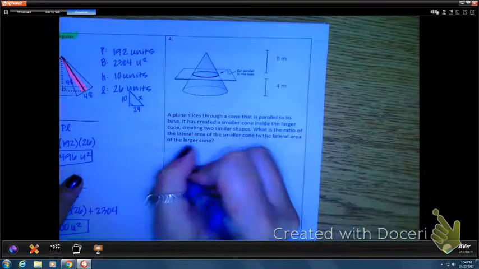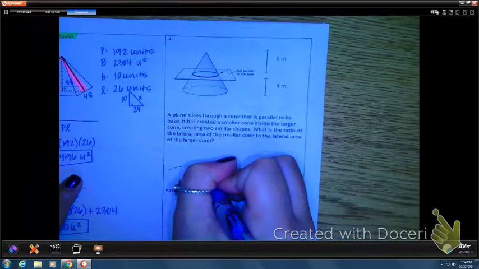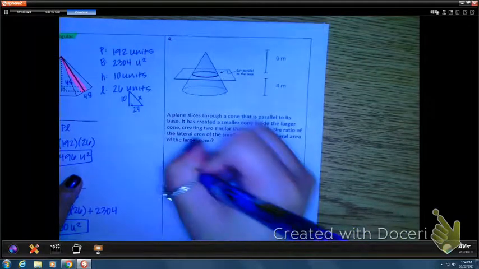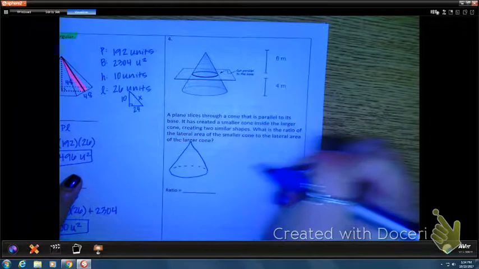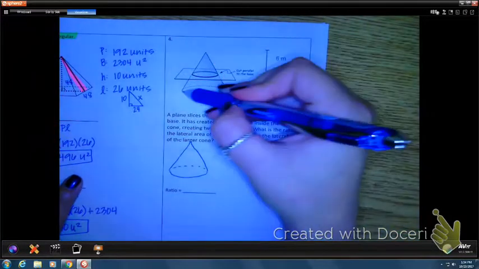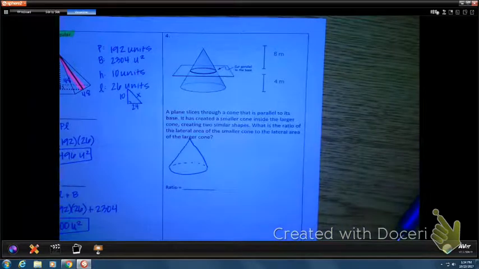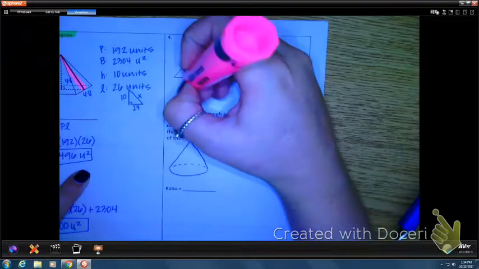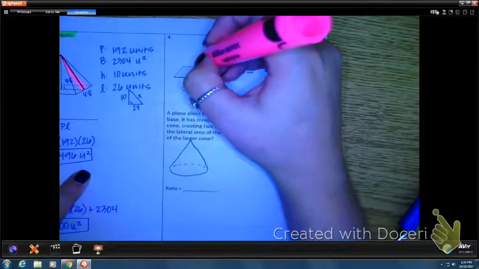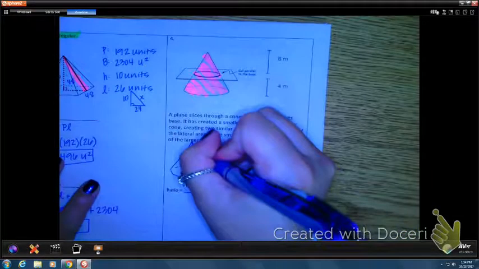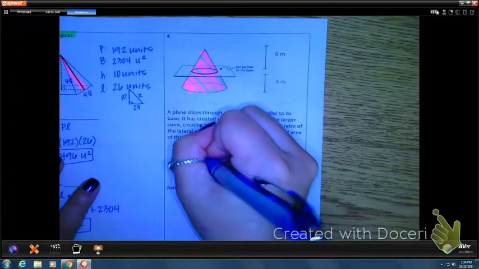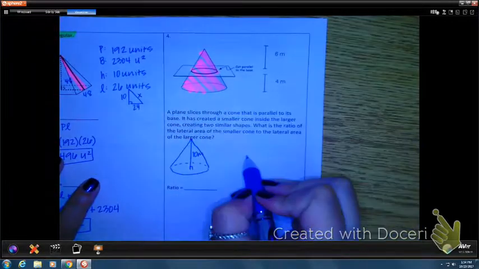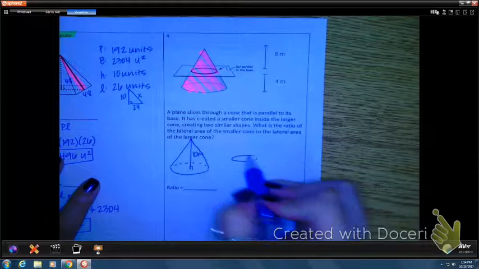Right now you have a big cone, your large cone, which is what I just found, this pink cone, which has a height of 10 meters. Then you have your smaller cone.